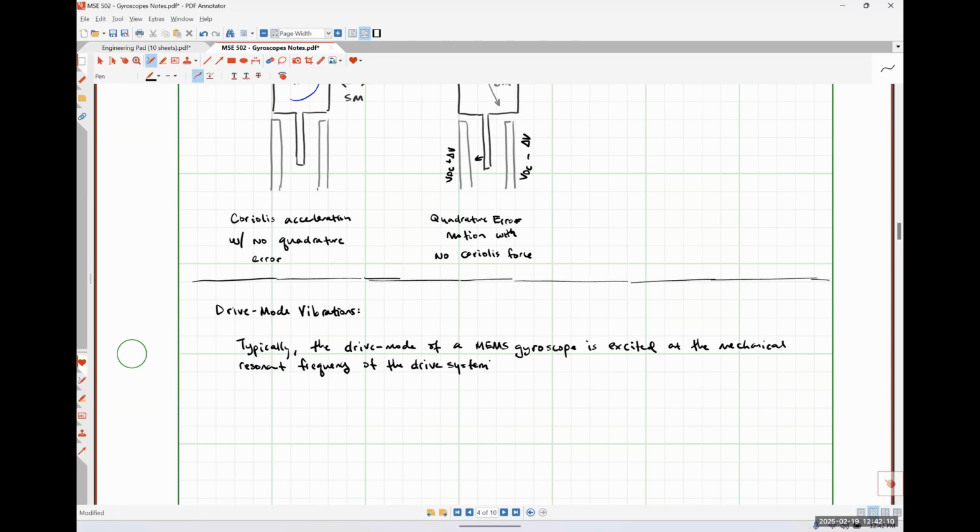So the reason that we would do this is to essentially be able to induce the largest amplitude of vibration with the smallest amount of input energy going into the system, right?